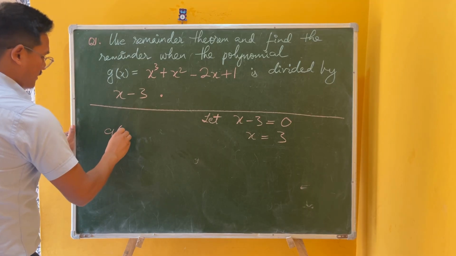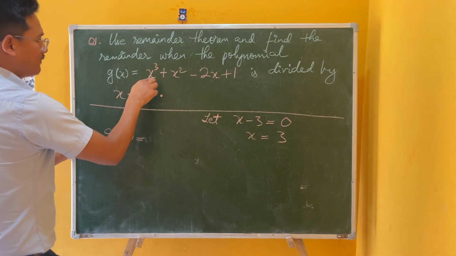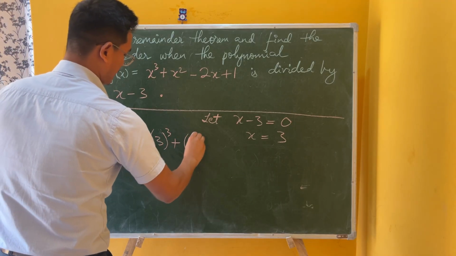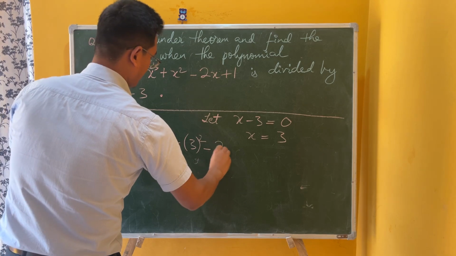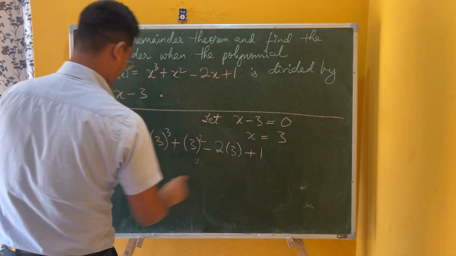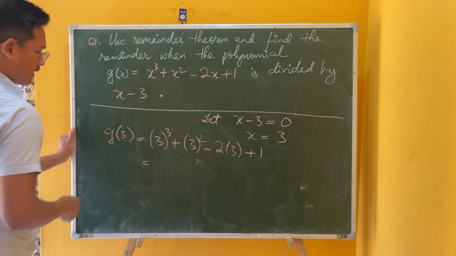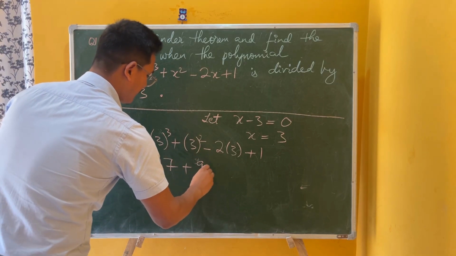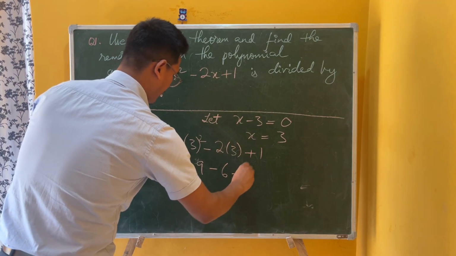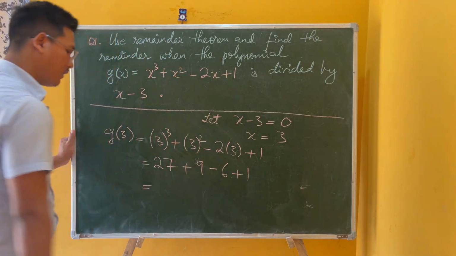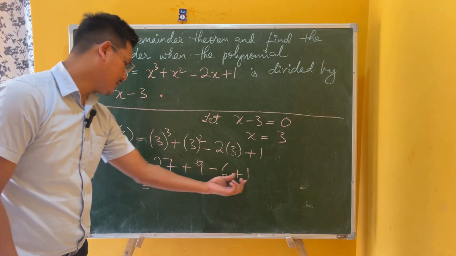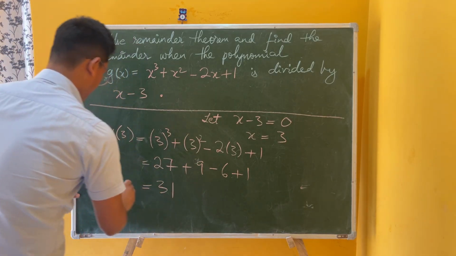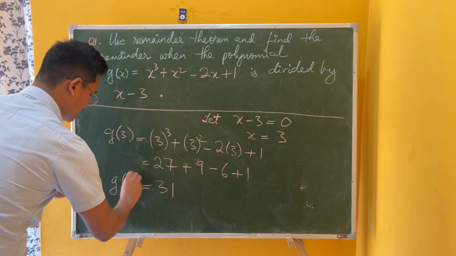Now you'll plug in this value in this polynomial. So g of 3 is, wherever you see x, put 3. So 3 cube is 27, 3 square is 9, minus 6 plus 1. Add all the positives. So 9 plus 1 is 10, 27, 37. 37 minus 6 is 31. So g of 3 is 31.